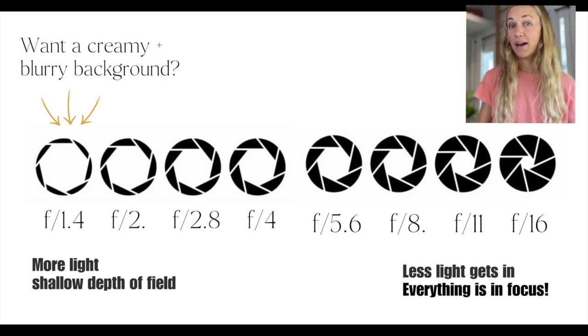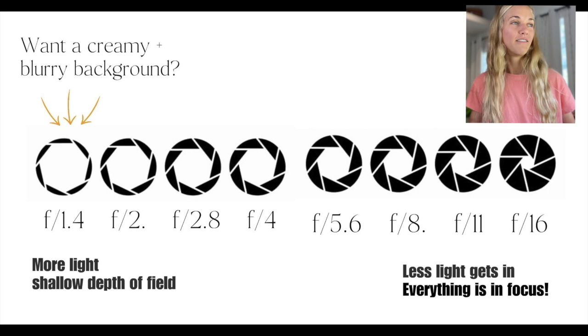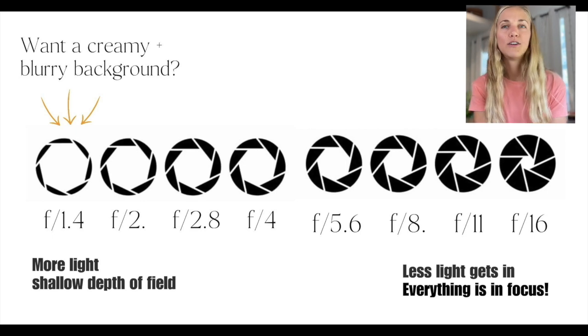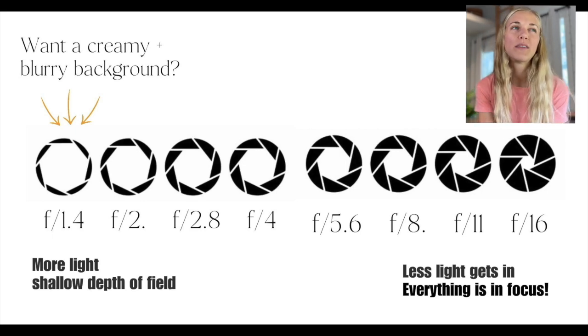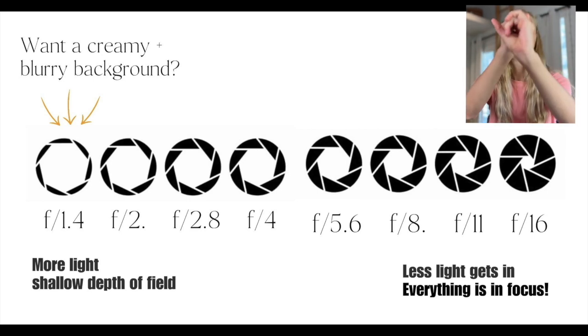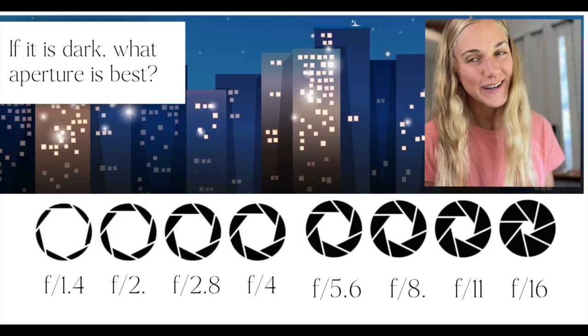Also, your backgrounds aren't going to be as creamy, but they will be creamier at f5.6 than if you go to like f-stop 16. Now, why would you want to use f16? Well, if you're taking pictures of maybe mountains or something, or you don't know what to do with your settings and things are just too bright, then you can crank that hole down and only let in a little bit of light.